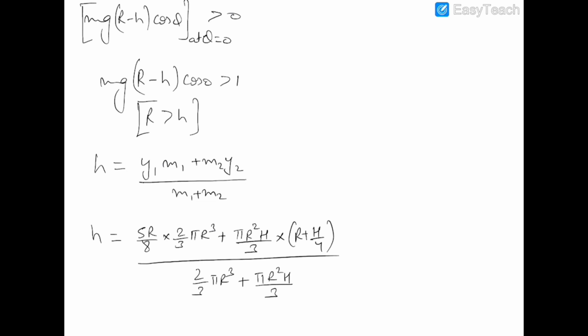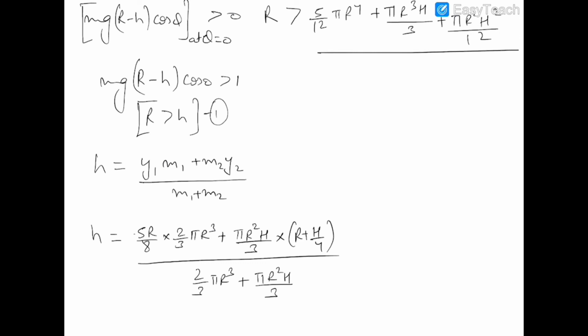Now if I substitute this value in the equation above, I can see that r is greater than 5 by 12 pi r to the power 4 plus pi r cube h by 3 plus pi r square h square by 12, divided by 2 by 3 pi r cube plus pi r square h by 3.